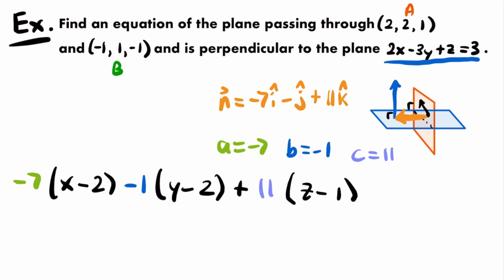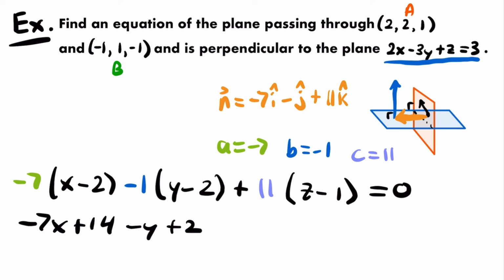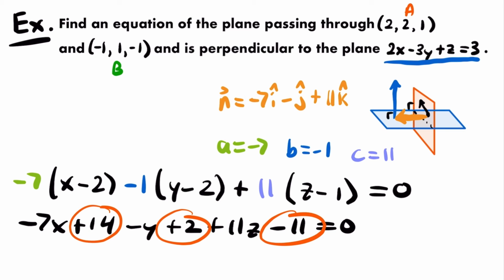So we have z minus 1, and that's equal to 0. And now if we simplify, we'll have -7x plus 14 minus y plus 2 plus 11z minus 11, and that's equal to 0. Now what we want to do is move the constant terms over to the other side of the equation. So we will subtract 14, subtract 2, and then add 11.